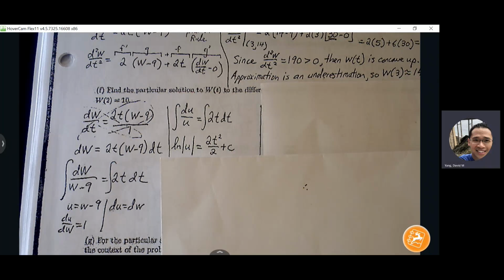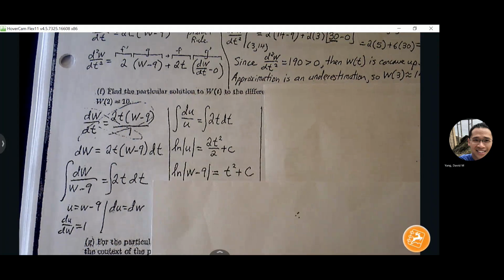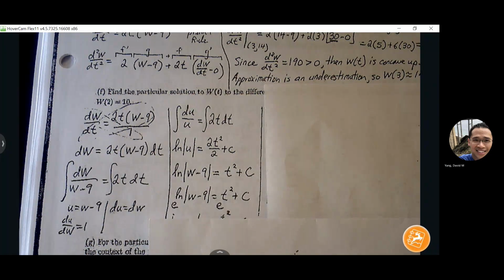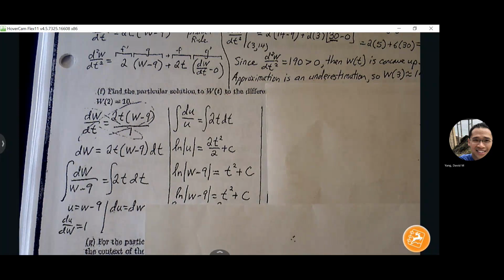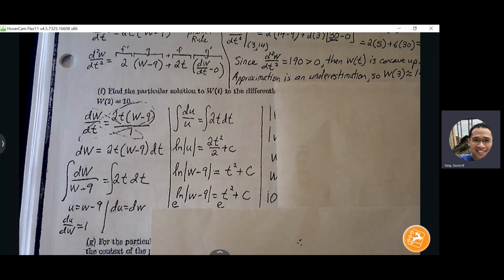Replace the u back in terms of w. Raise both sides, e is the base. Solve for w.